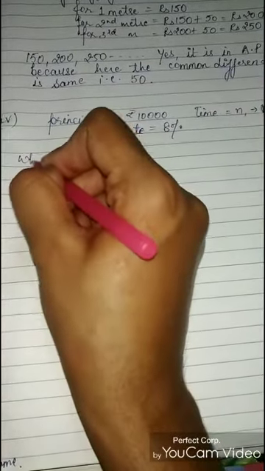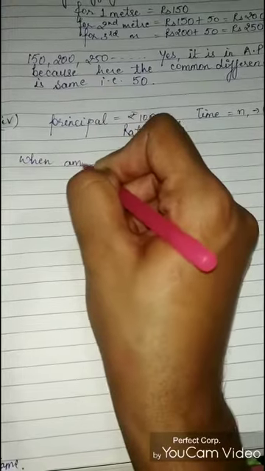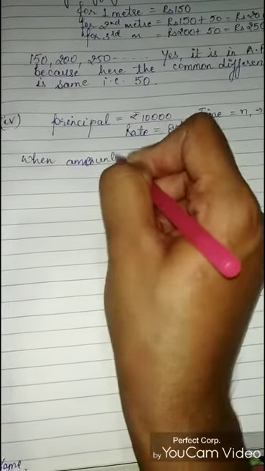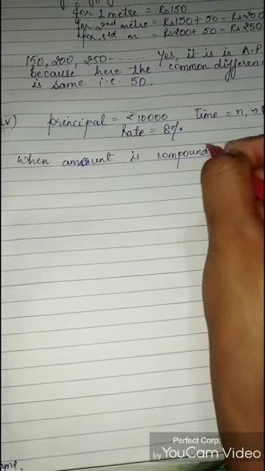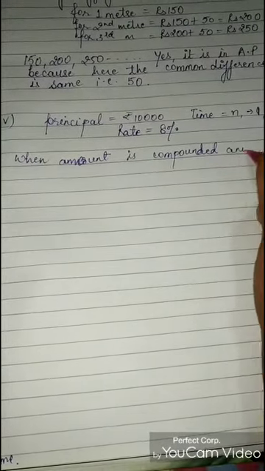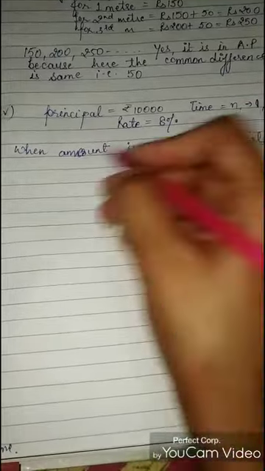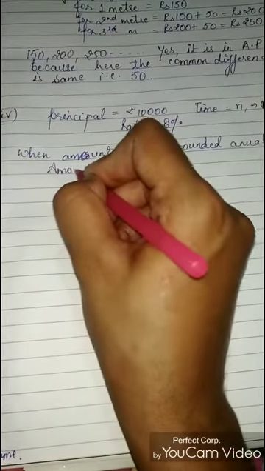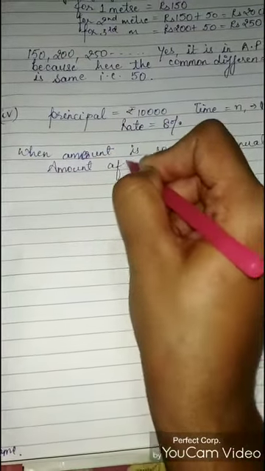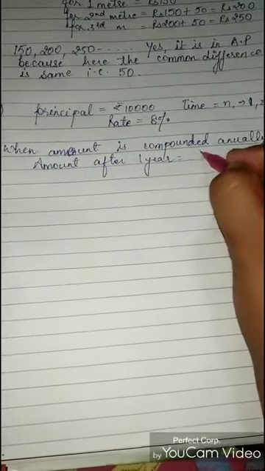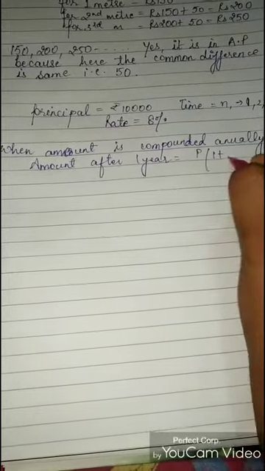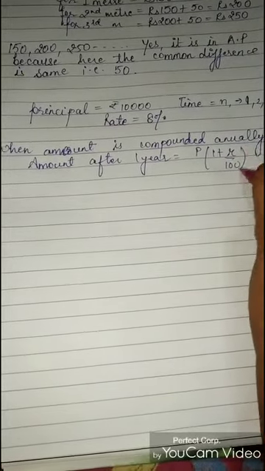When the amount is compounded annually, the amount after 1 year will be P (1 plus R upon 100) raised to the power T is the formula here.